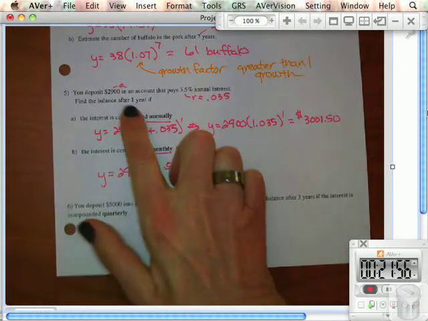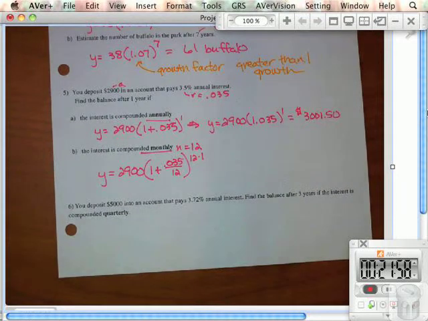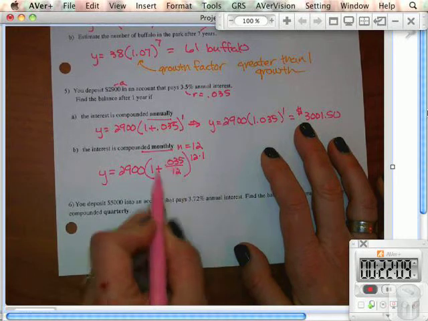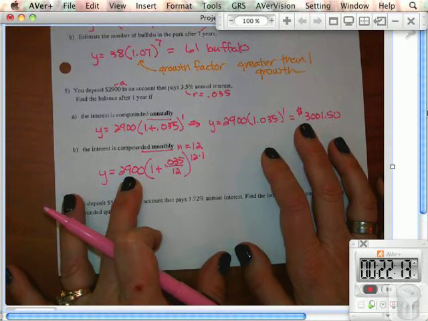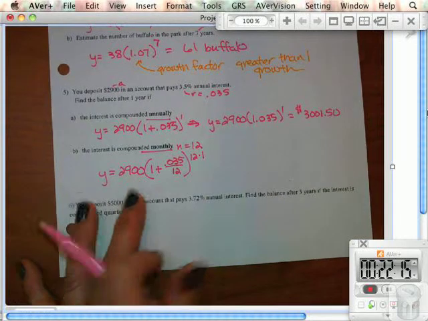After 1 year, okay? And when you're doing this on the calculator, just make sure you're using parentheses in the right spot. If it were me, I would do this piece first, and then I would multiply by 2,900, and then I'd raise it to the 12th. Just be careful when you're doing that.